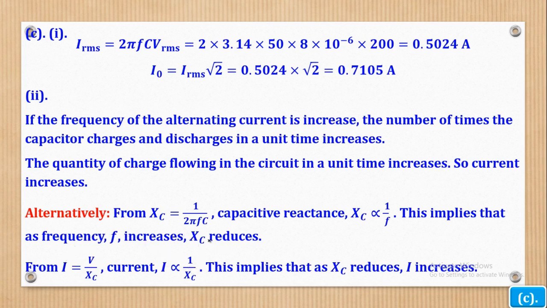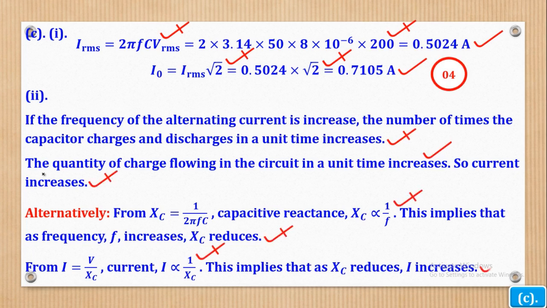You have already seen here that capacitive reactance reduces, implying that current will increase. So you can either write this or this, and either of the two is okay. And that is how the marks would be awarded.